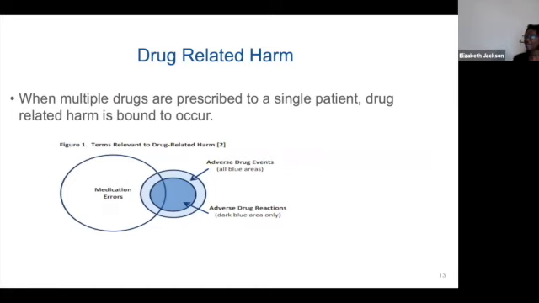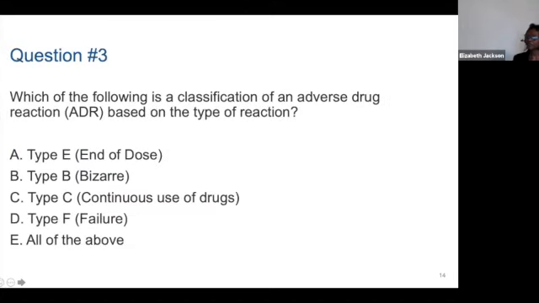And then adverse drug reactions is only the dark blue. So the adverse drug events encompass adverse drug reactions, and we'll be focusing heavily on the adverse drug reactions. And then you can see the medication errors, how they encompass some of the adverse drug events and adverse drug reactions. Going on to the next slide, please.